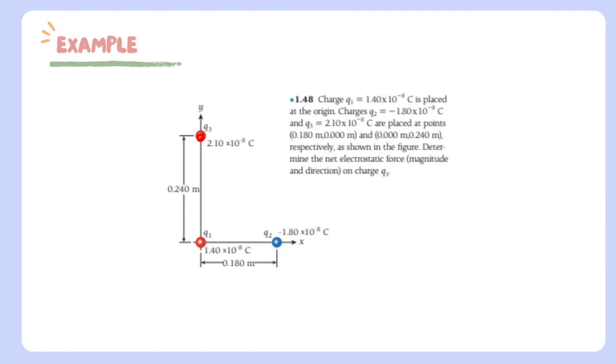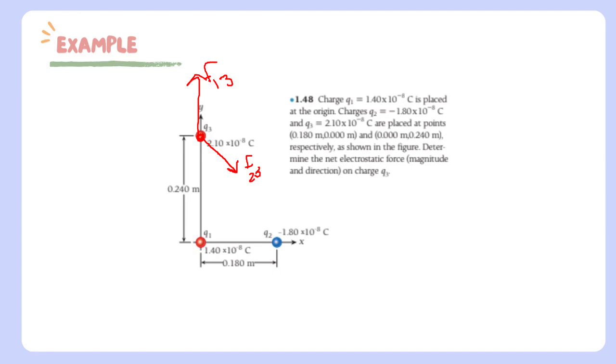We know that the force of Q1 on Q3 would be repulsion, as they have the same charge, but between Q3 and Q2 the force will be an attraction force.